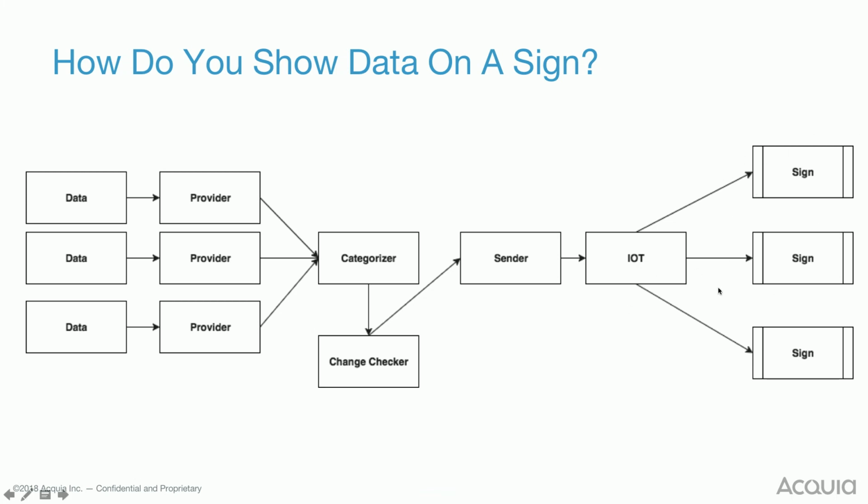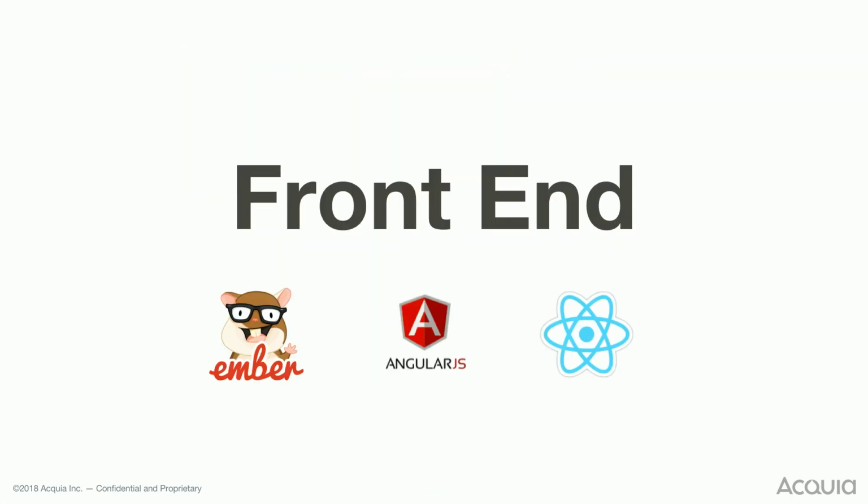The front end has to be able to handle what happens if no data comes in, what happens if I can no longer authenticate, what happens if my SSL certificate's invalid. There's just all of these things that you have to build into a custom application that will run in a browser. And again, doing that in a decoupled manner is, I think, much easier than trying to do it as part of your actual signage application.